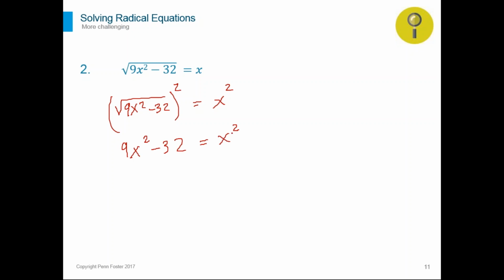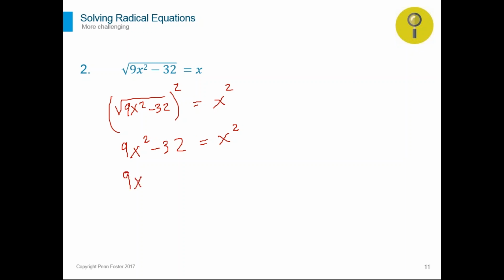What should we do next? Well, I see x squared and 9x squared. Those are like monomials. If you go back to Unit 1 in this course, we remember that we are able to combine like monomials. And remember, like monomials have the exact same variable part, x squared and x squared. So let's bring the x squared over to the left-hand side and combine.